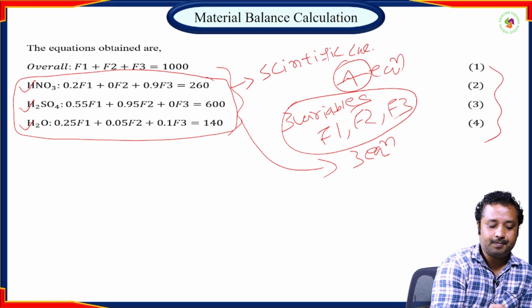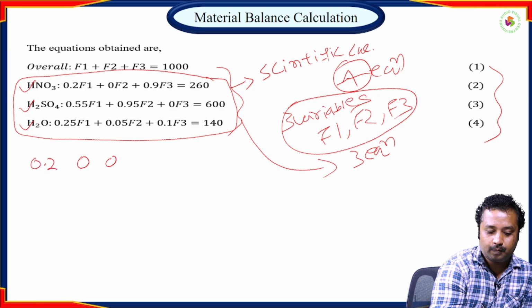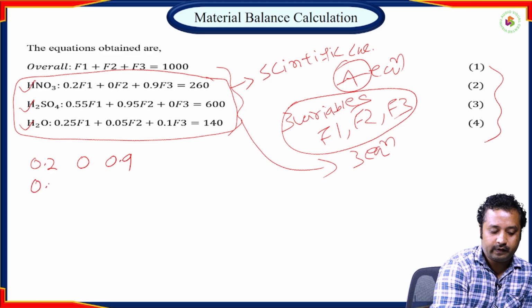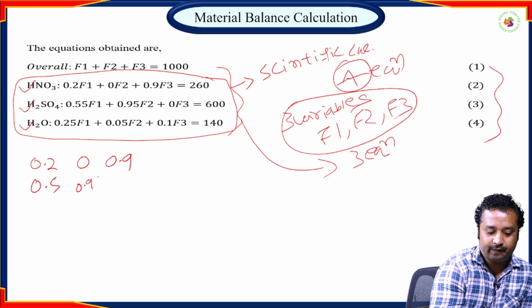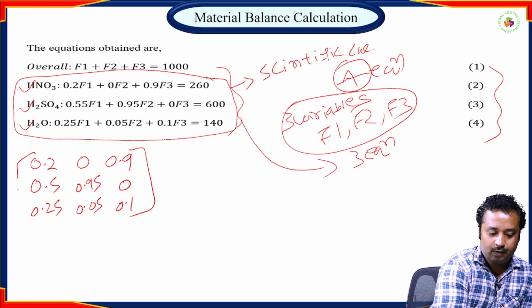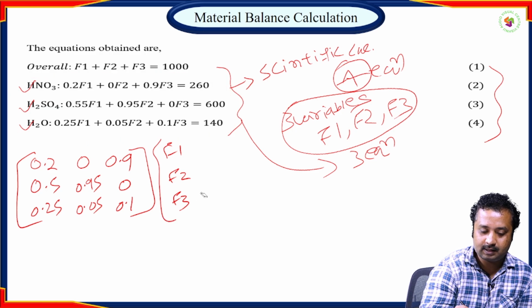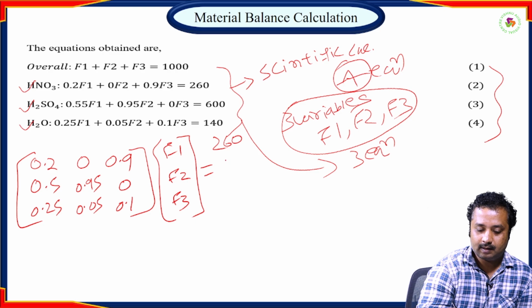This is the normal form of the linear equations. If I convert to matrix form, I get 0.2, 0, 0.9, 0.5, 0.95, 0, 0.25, 0.05, 0.1 into F1, F2, F3, these are the variables, is equal to 260, 600, 140.